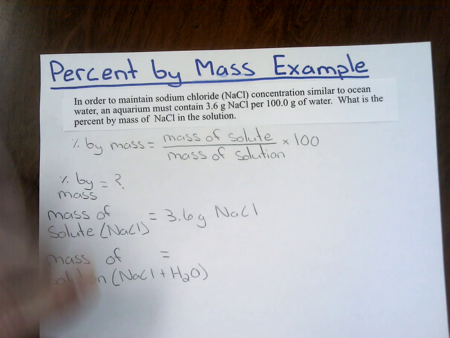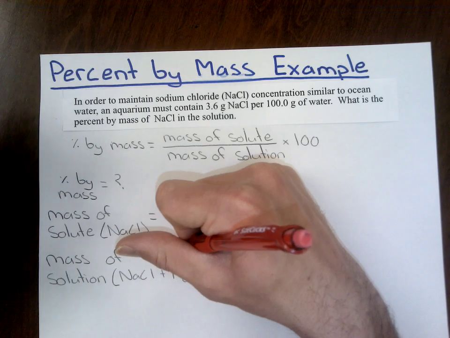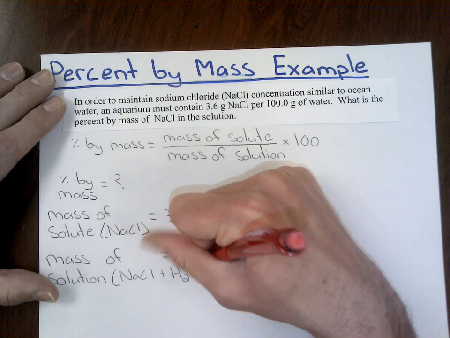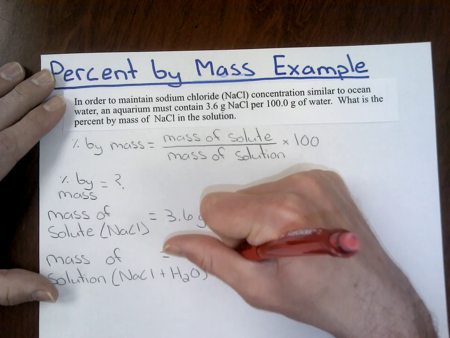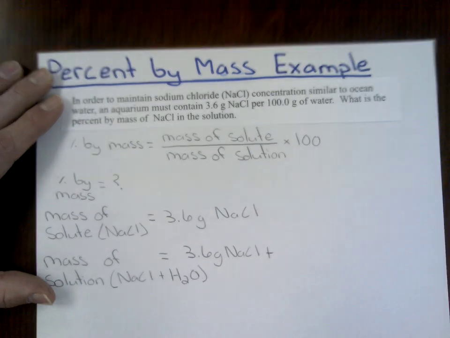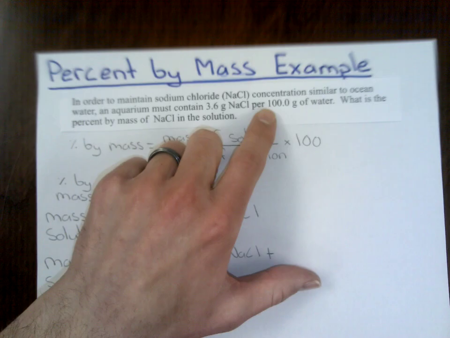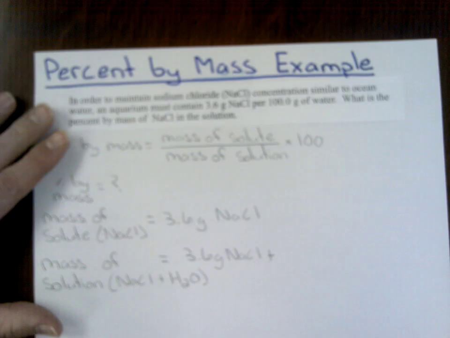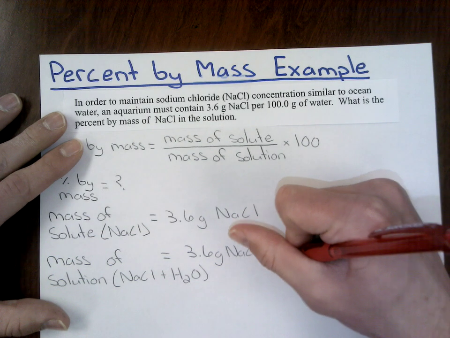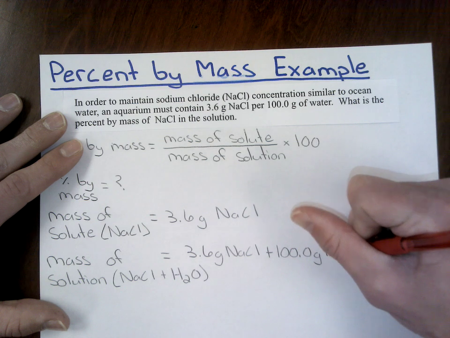Now, our NaCl, we just got done saying, is 3.6. So we're going to have 3.6 grams of NaCl plus our amount of water, which in the problem is listed at 100.0 grams. So we have 100.0 grams of H2O.